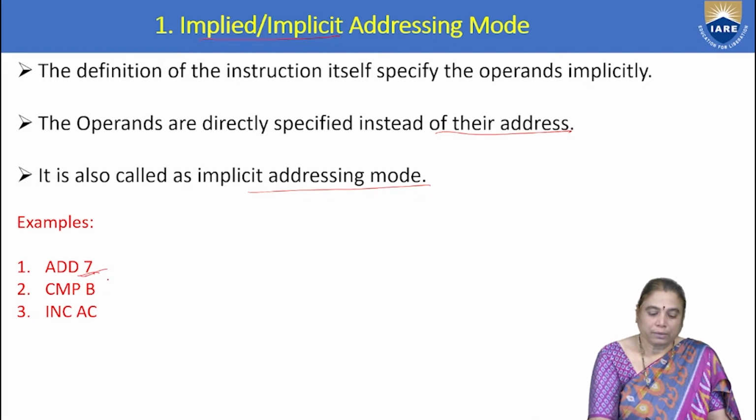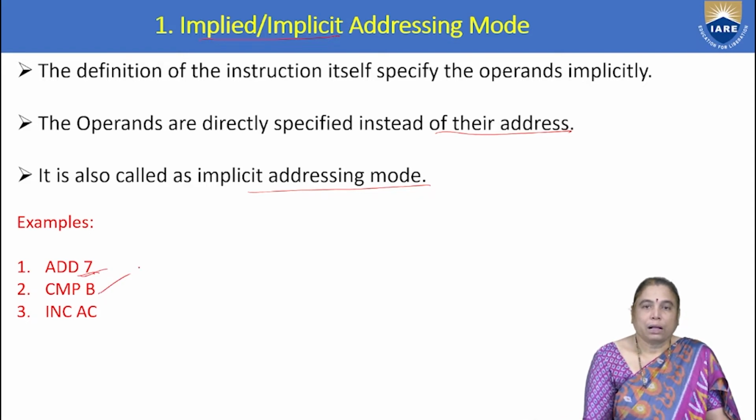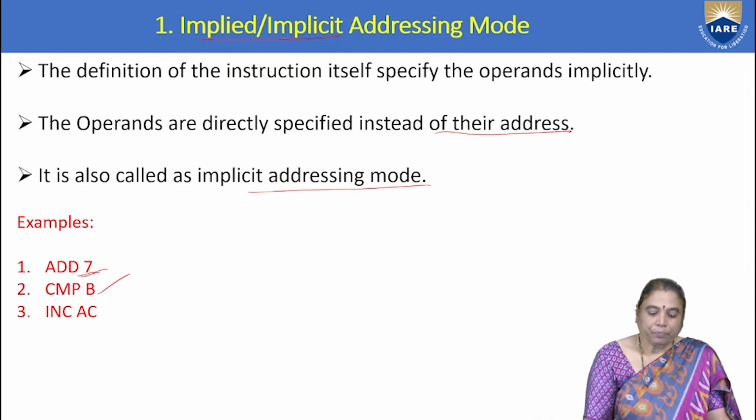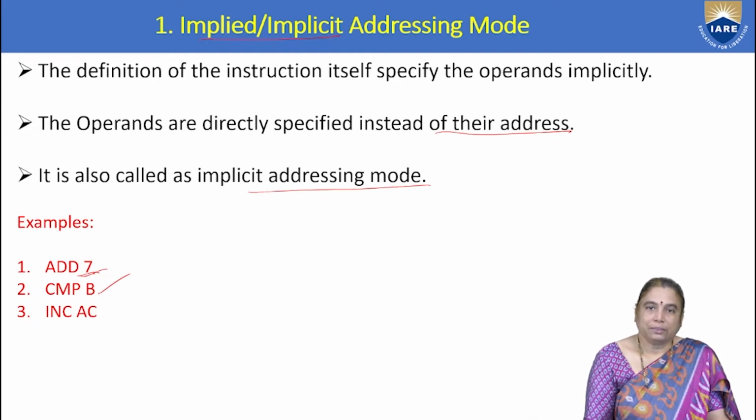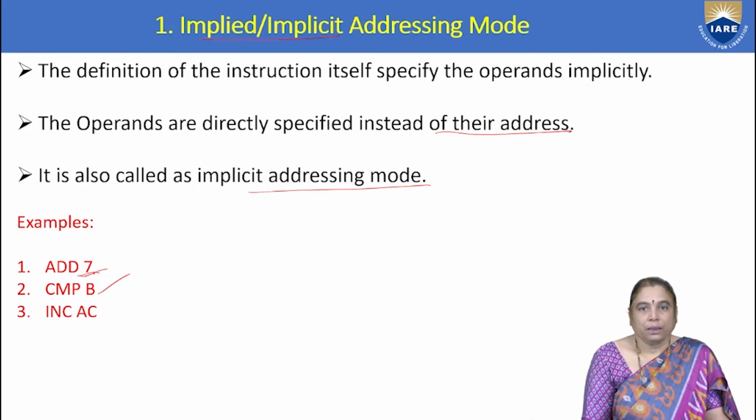Another example is CMP B. Comparison is done with the help of the CMP instruction, so the B register value is compared with the accumulator. Next, INC AC. INC is used for the increment operation.